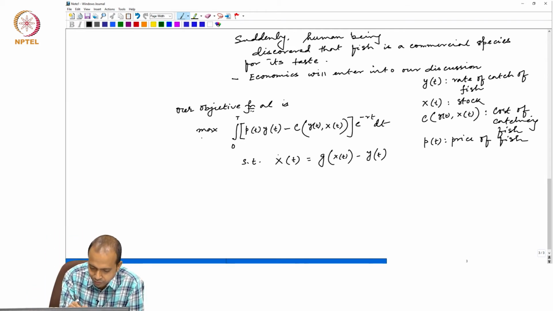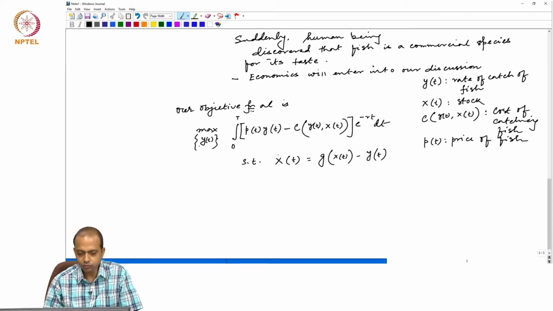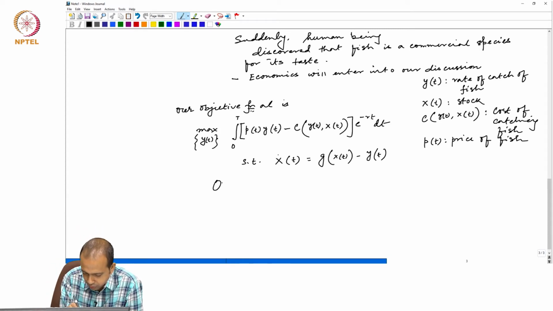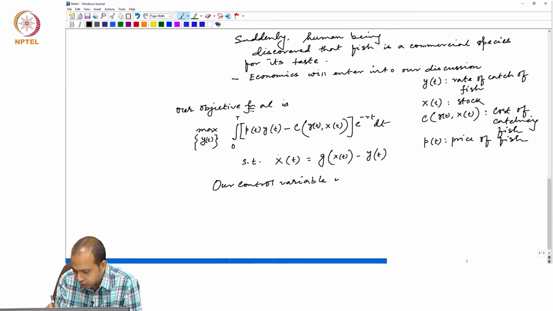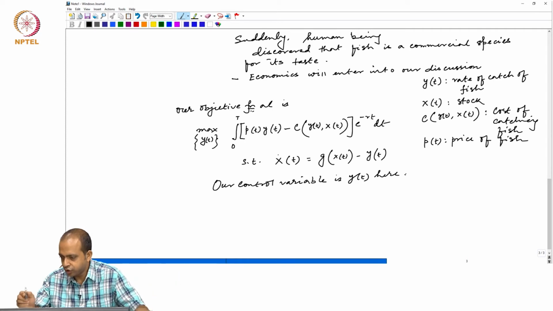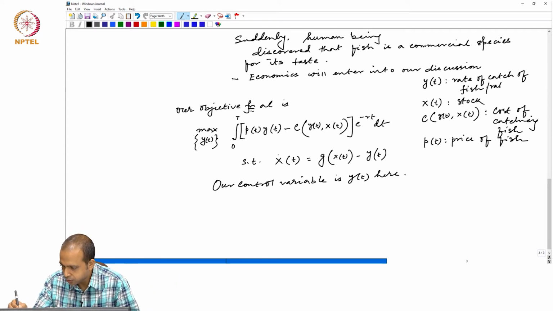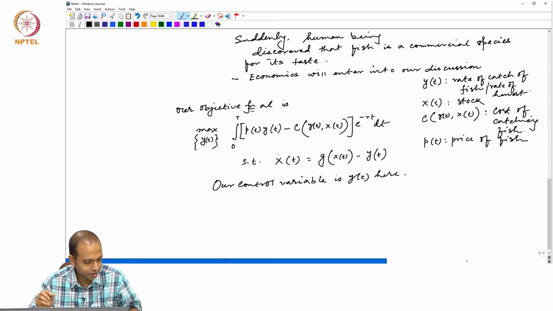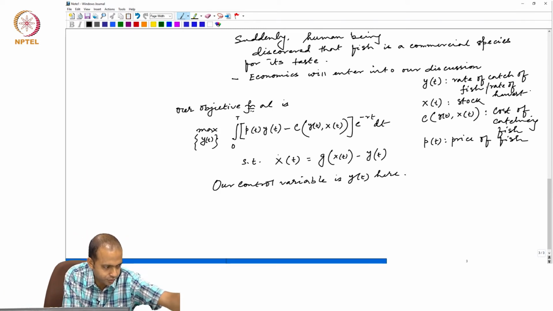So, our control variable once again is y t here, the rate of catch, or you can say the rate of harvest.